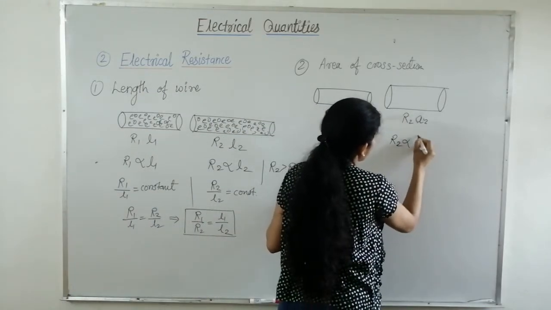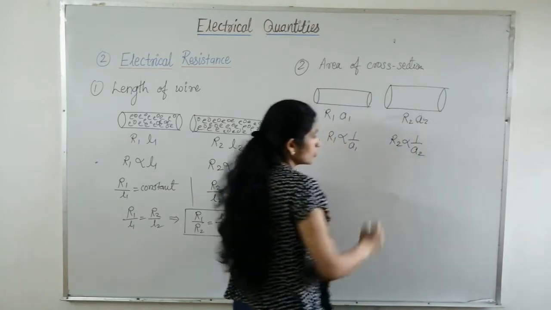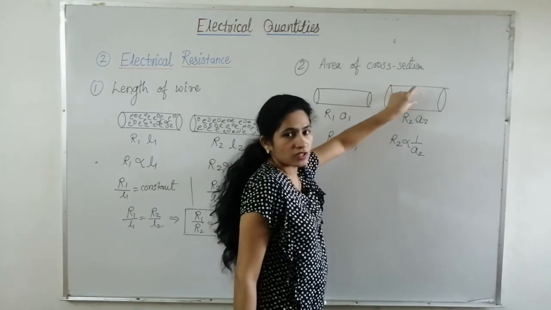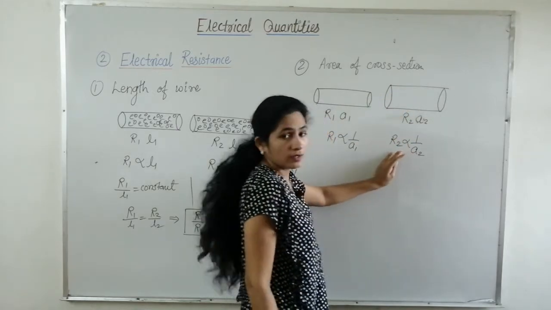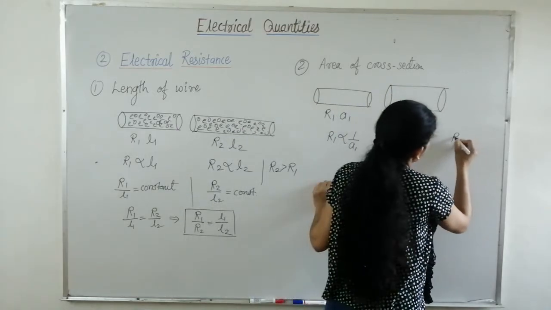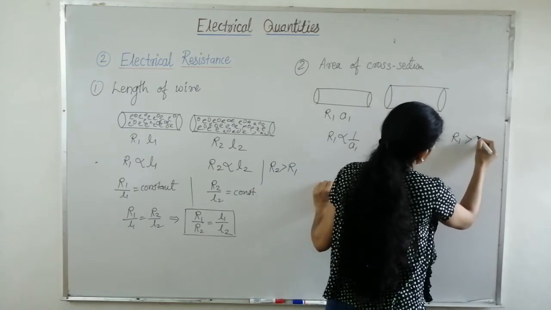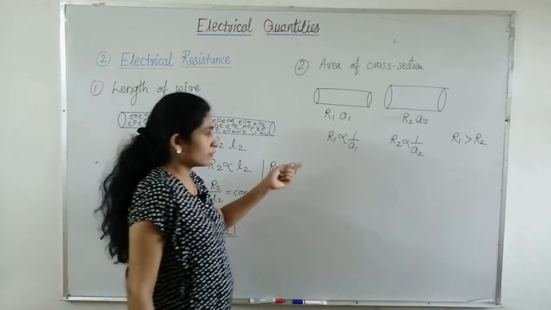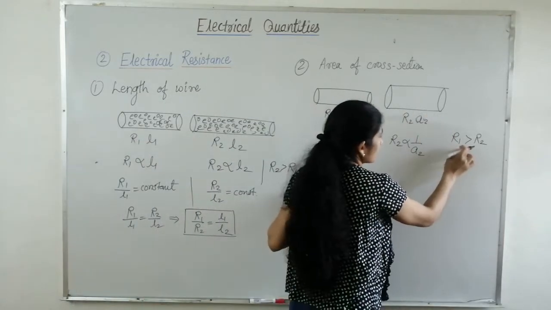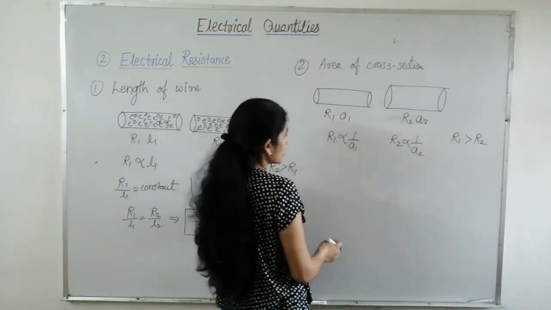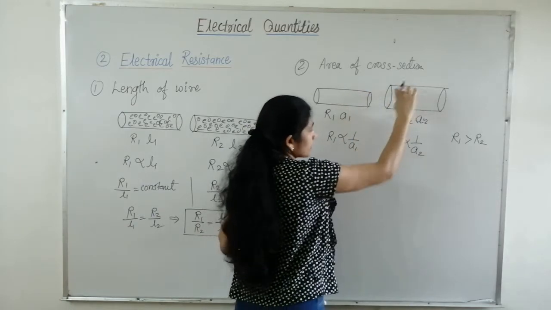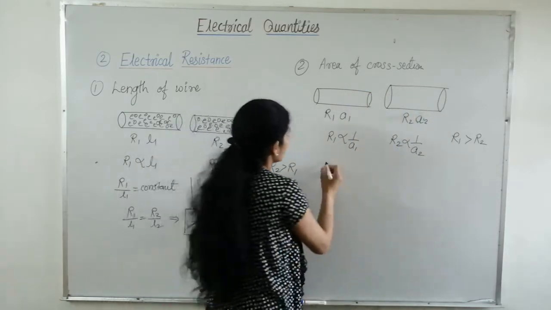Similarly, for second wire also R2 is inversely proportional to A2. Now you can see in second wire the area of cross section is greater, therefore resistance will be less. So you can write here R1 is greater than R2, because the first wire has less area of cross section, second wire has more area of cross section.